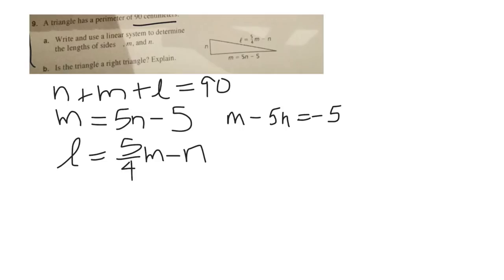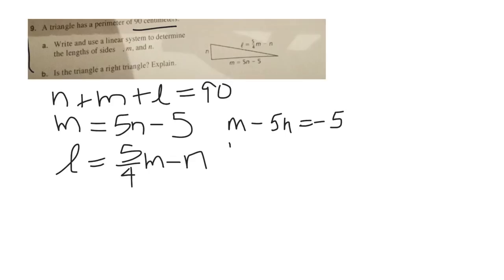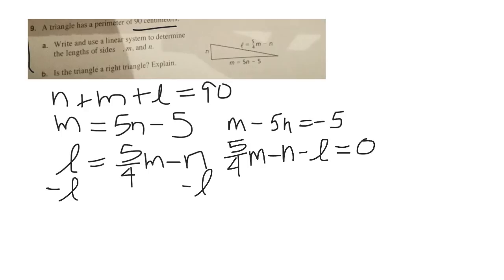And then this one is going to be 5/4 m minus n minus L equals 0, because I'm going to subtract L. And then we have the top one, n plus m plus L. I can write m plus n, it doesn't matter the order here, plus L equals 90.